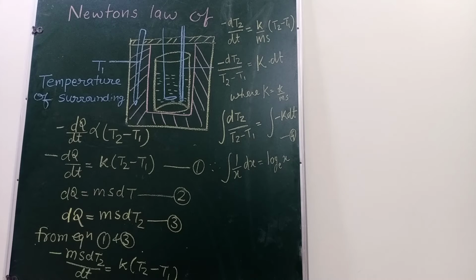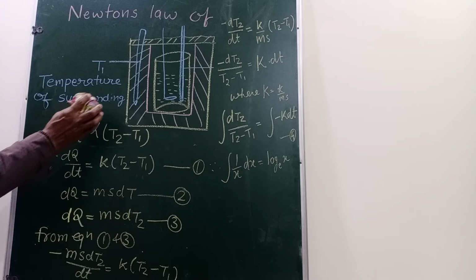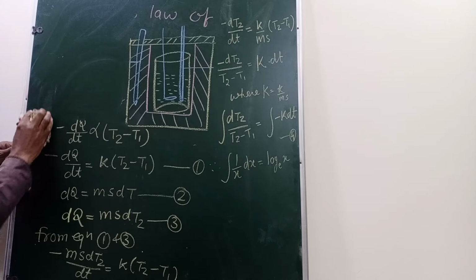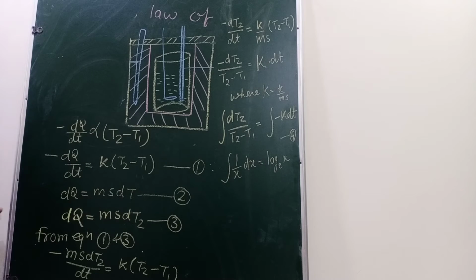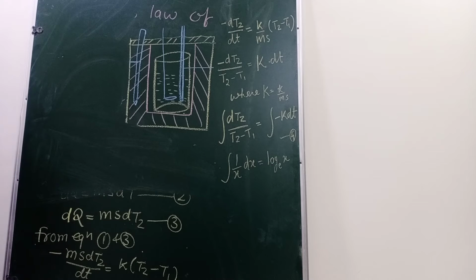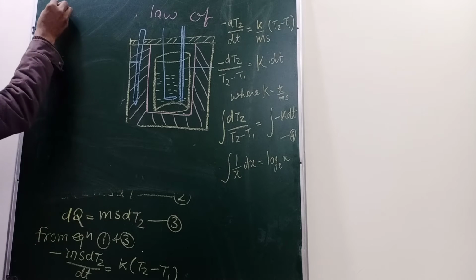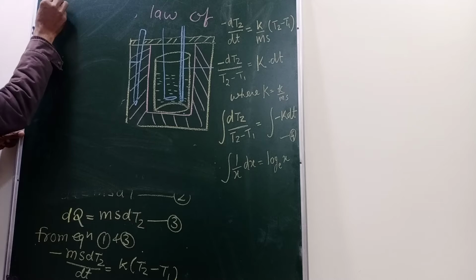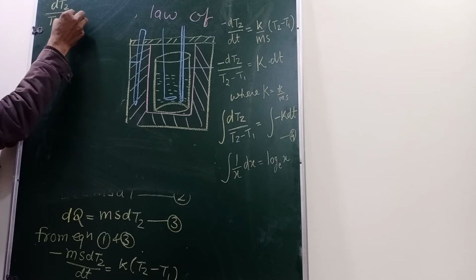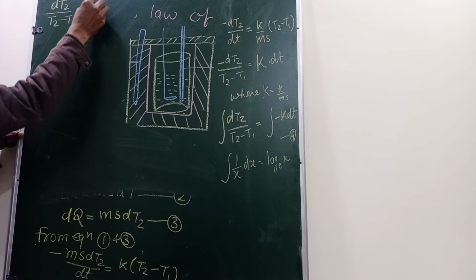So it will become dT2 upon T2 minus T1, it is equal to the integral of k dt.